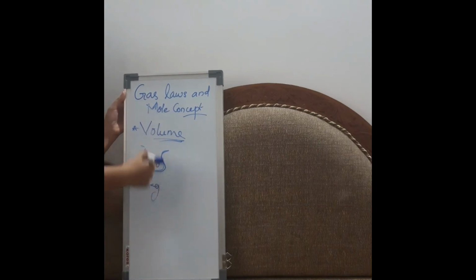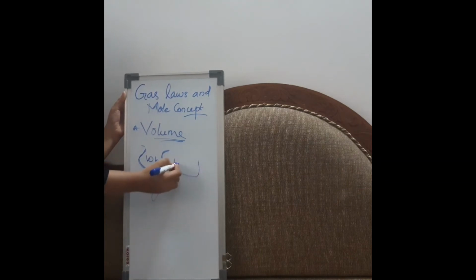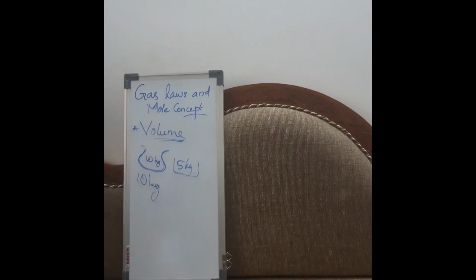Now if I change the gas into another vessel of 5 kg or something, it will occupy that space. So the volume of the gas will change accordingly. It will be the volume of the container in which it is kept.